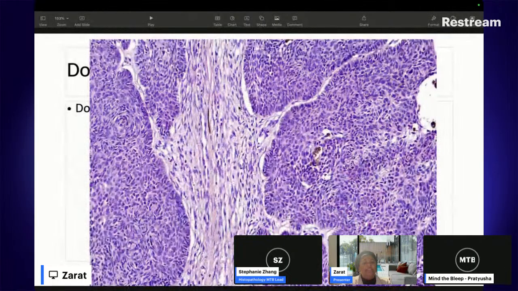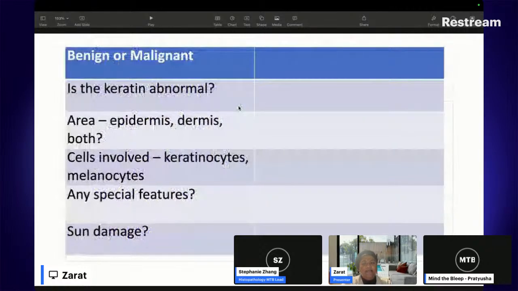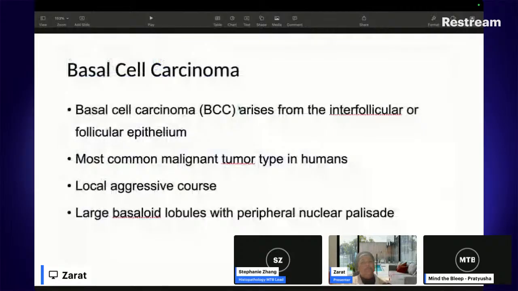I would think everything put together makes me think of something malignant. So this is your basal cell carcinoma, and it is the most common malignant tumor in humans. Lots and lots of people have them, especially elderly people.